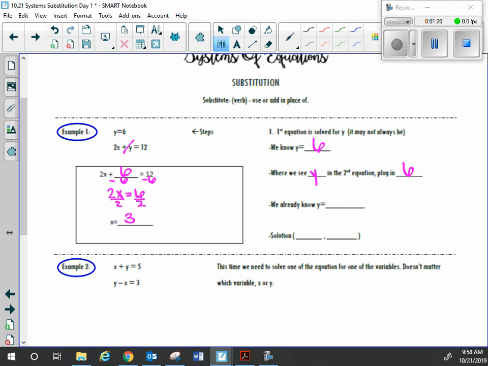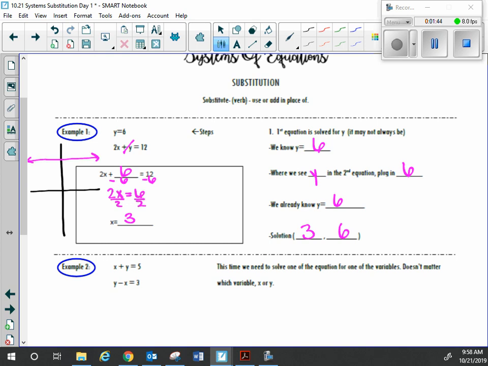And since we know that y is 6, my solution, because my solution is a whole set, x and y, right? It's 3, 6. Because how did we solve this last week, at the end of last week? We graphed it. So if I really wanted to, I know that I've started with y equals 6, which is a horizontal line, right?